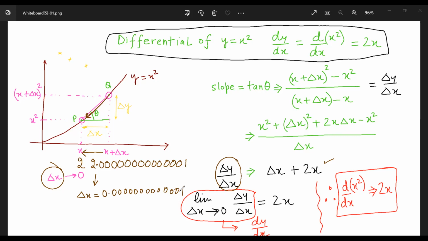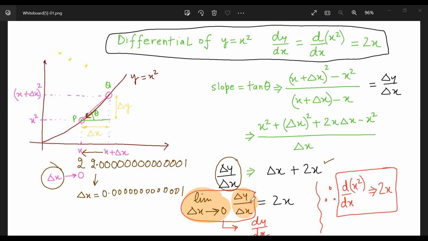So the point that I'm trying to make is that if you pull q to p as close as is possible, you would see that the delta x will almost become 0. Is it making sense? So here I have used this phrase: limit where delta x tends to 0 of delta y by delta x.